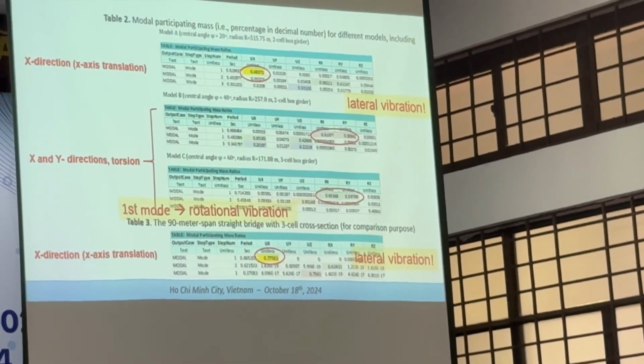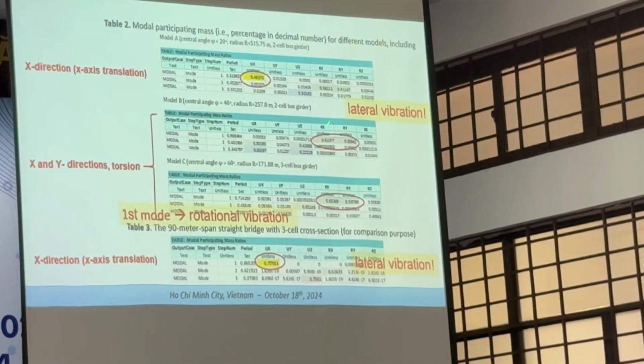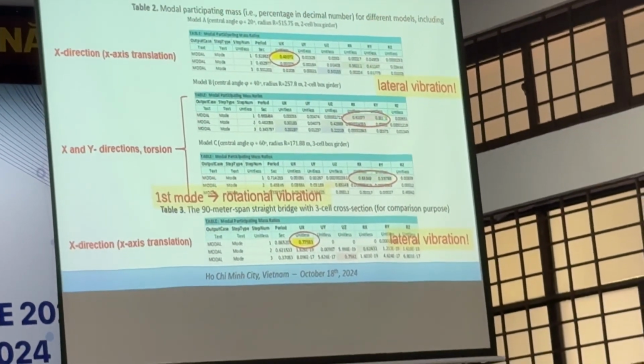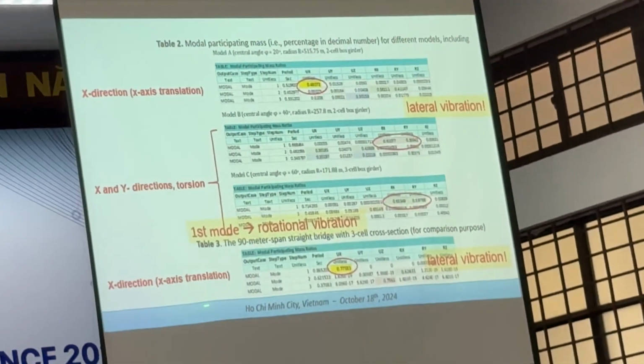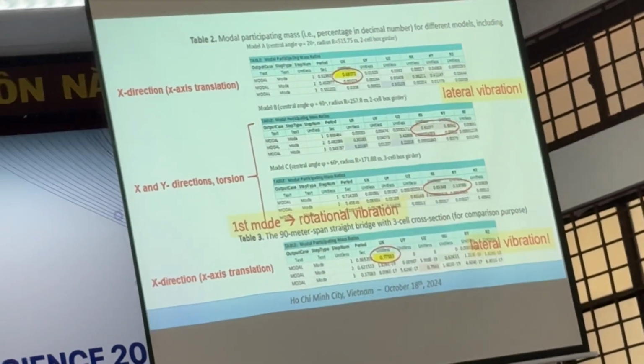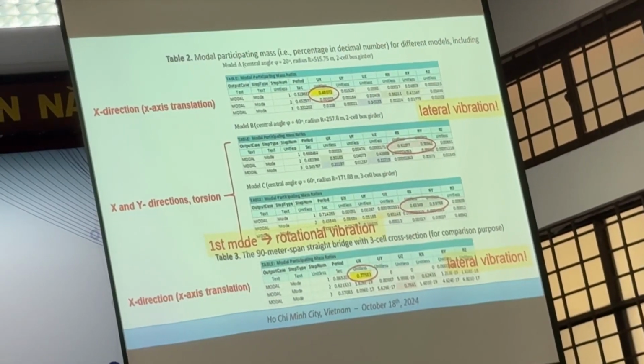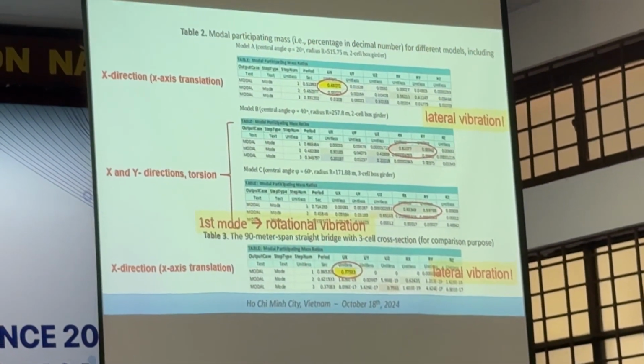And then we have some torsional, with a percentage of more than 60%. Then the lateral vibration is confirmed. But I think that it depends on the restraint, and the lateral stiffness is not enough.